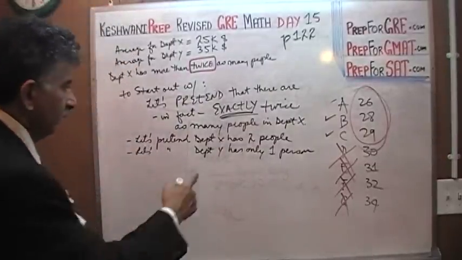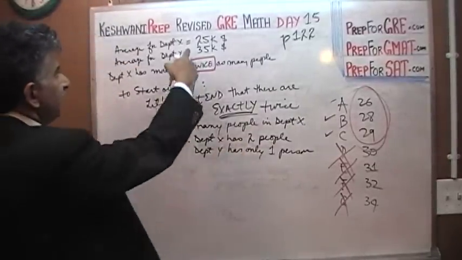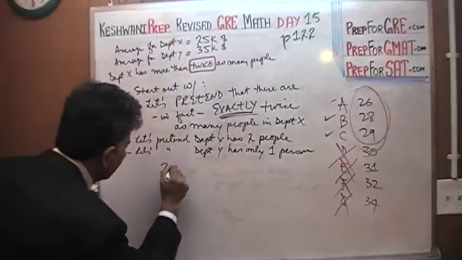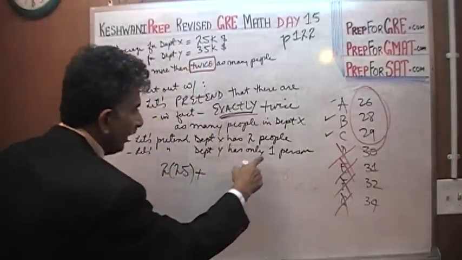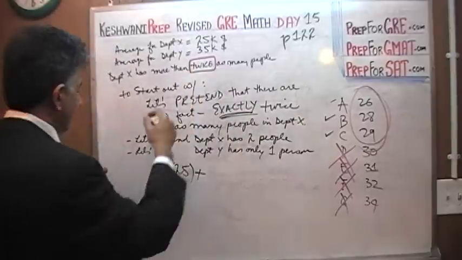Let's find out. There are 2 people in Department X. The average is 25, so it's 2 times 25. That's the weight of 2. Department Y has only 1 person with the average of 35.